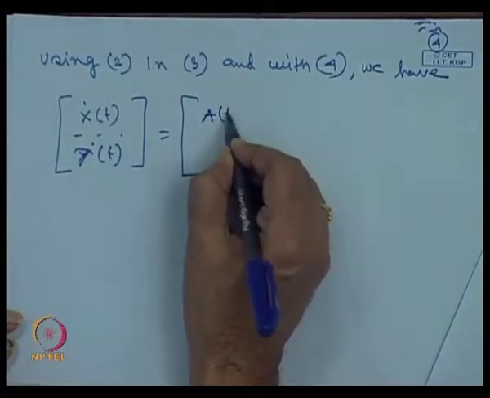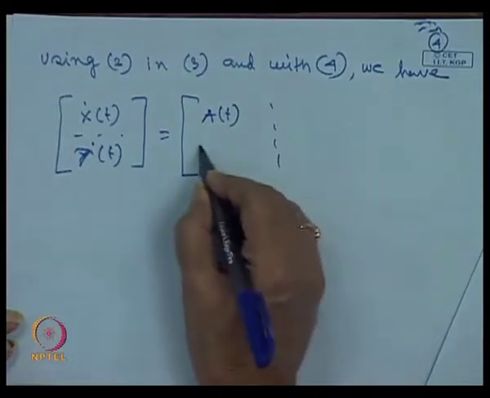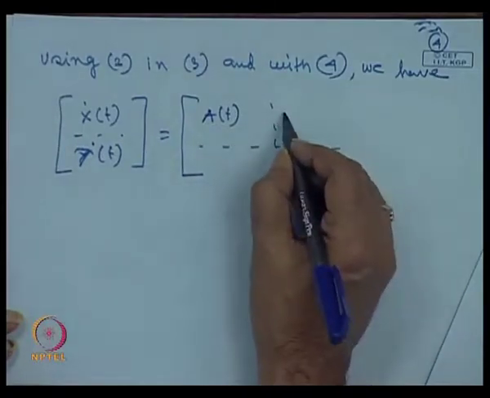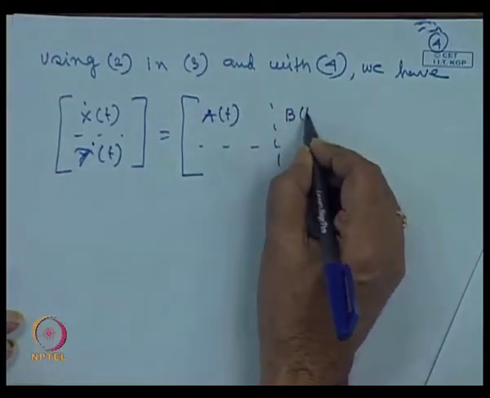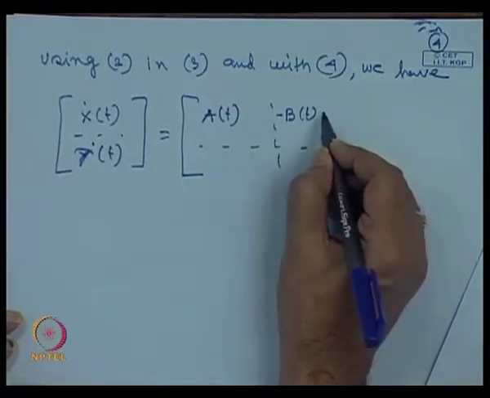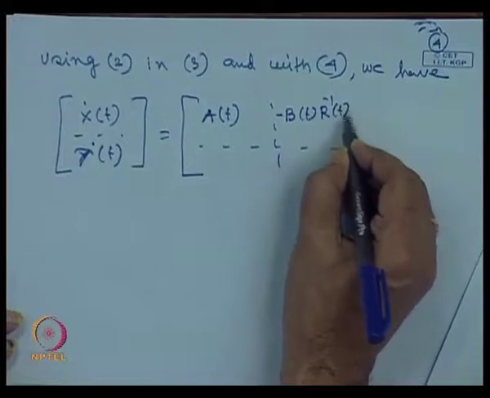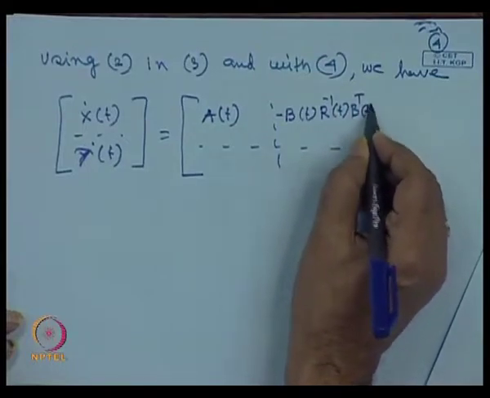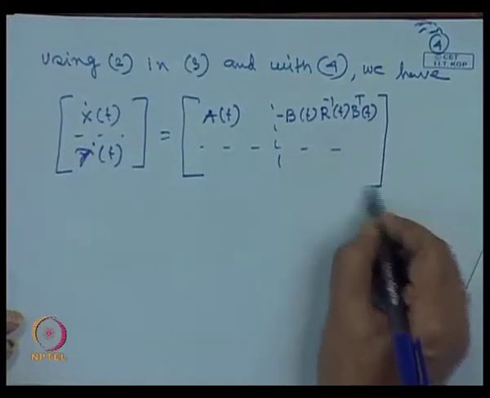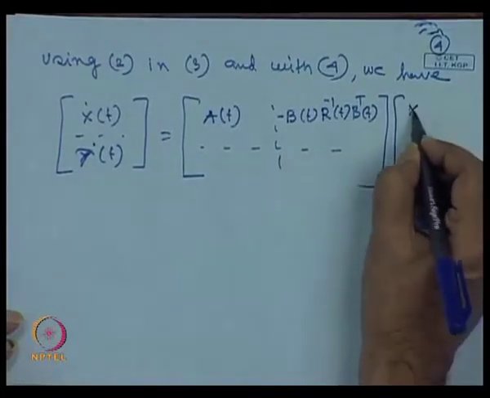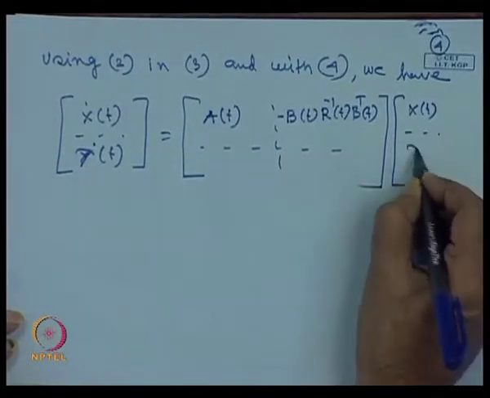A of t, then B of t u of t, B as it is, u of t is R inverse B transpose lambda of t, and I am writing x of t and this is lambda of t.